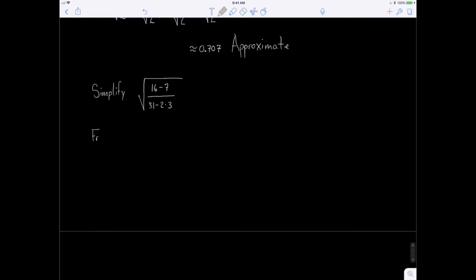Fractions must first have simplified numerators and denominators before other operations.